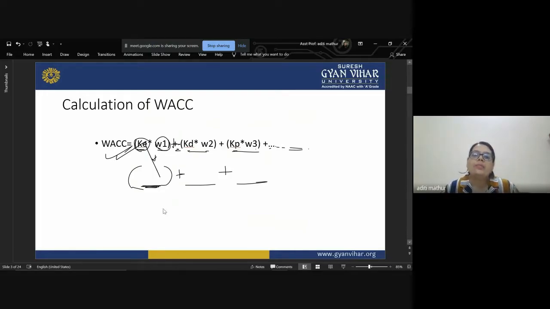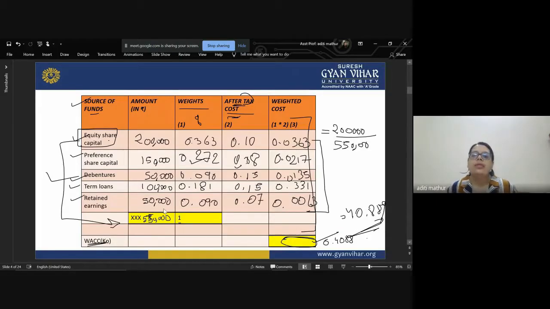I will always prefer that you use this table format to do the calculation, because it becomes easy for you and it gives a clear picture to the evaluators of how you have calculated the weights, how you have calculated the different costs, and then the weighted cost and total overall cost of capital.